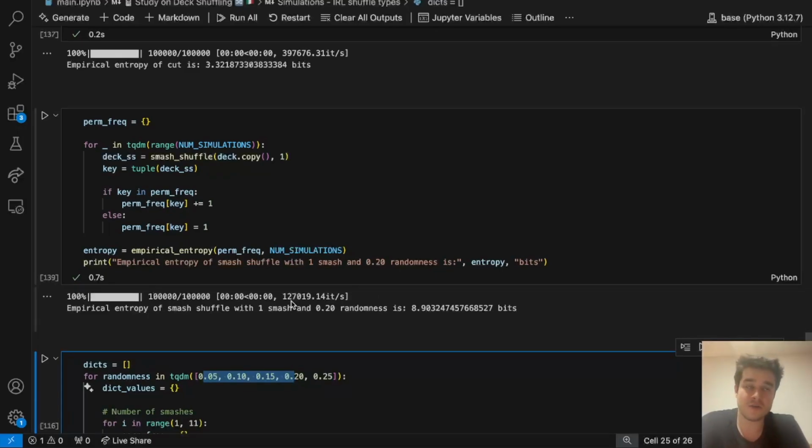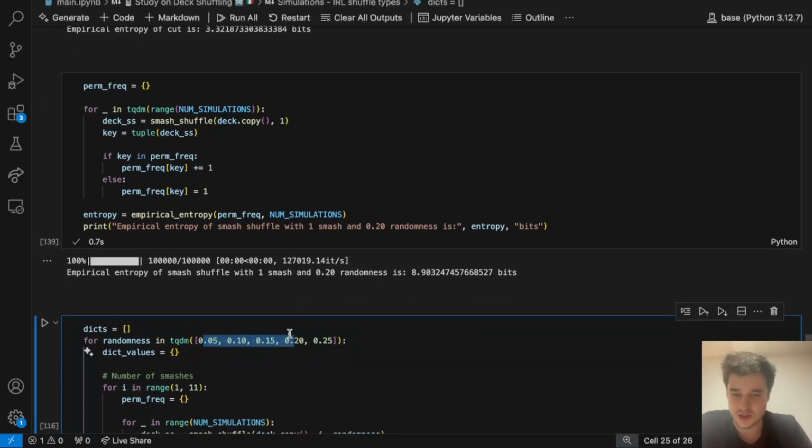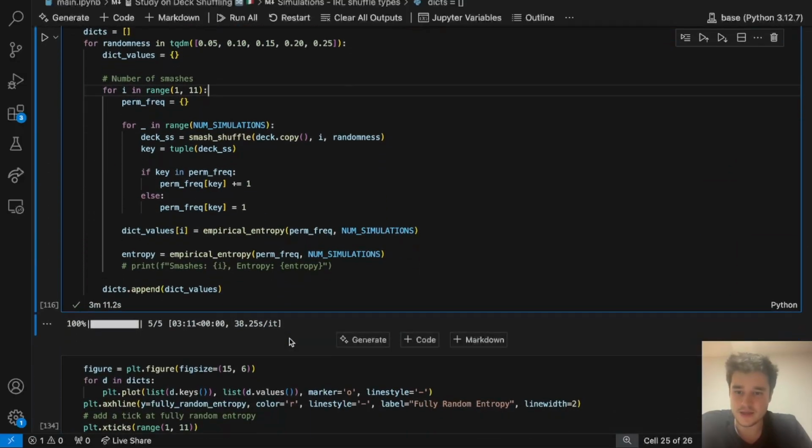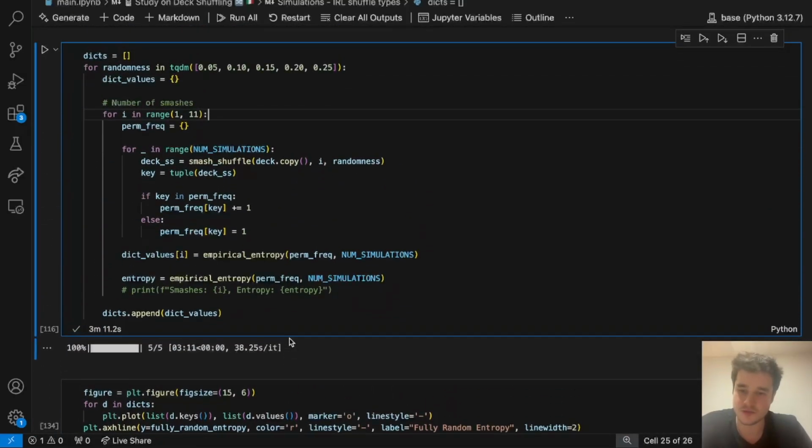And I've heard from Chess that there was a thing in the Pokemon community that if you shuffle 7 times, smash shuffle is truly random. So we were also trying to test this hypothesis, to see if this is true. And we have basically run this several times, for several randomness values and for several numbers of smash shuffles.